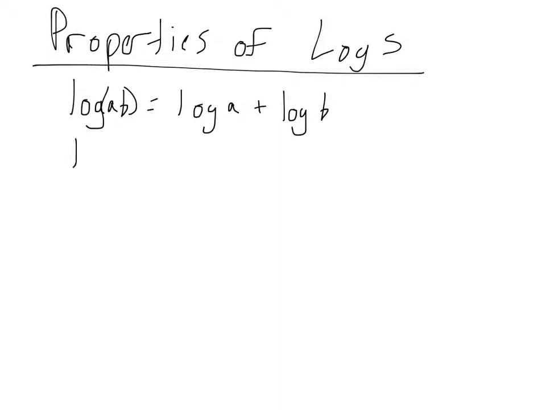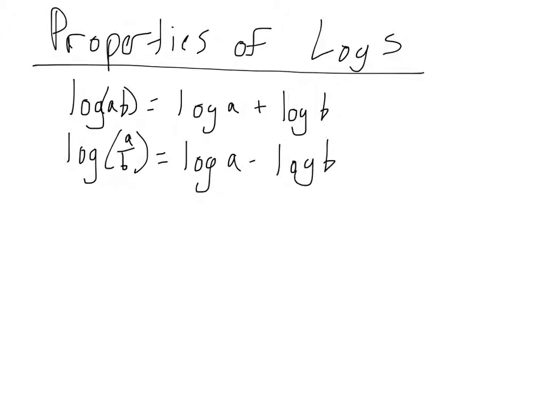If I have log of a over b, that's equal to log of a minus log of b, right? And lastly, if I have log of a to the n, if I have log of an exponential expression, I can bring the exponent out front, n times log of a. So those are all important properties that we can use.